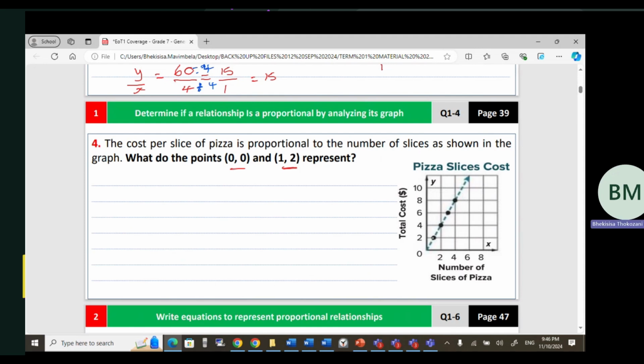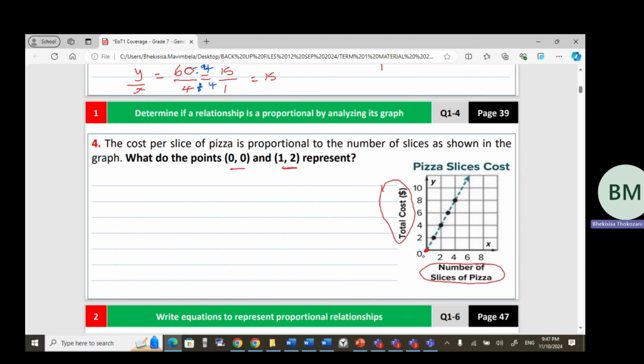We look at 0 is to 0. So this point here, we want to know what does it mean? So we know that here we have the total cost, which is represented by the y coordinates, and we got a number of slices of pizza, okay, which is represented by your x coordinate.